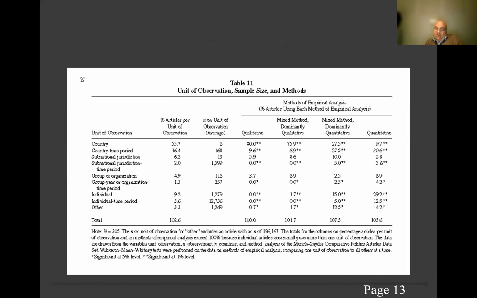The issue is that it's old stuff, but it's still meaningful. It's based on 305 articles published in a reputable journal.